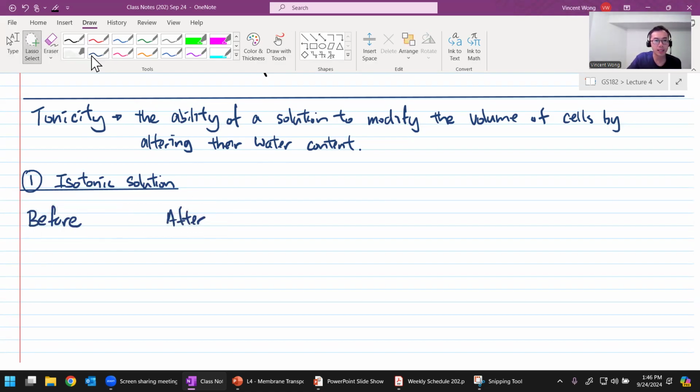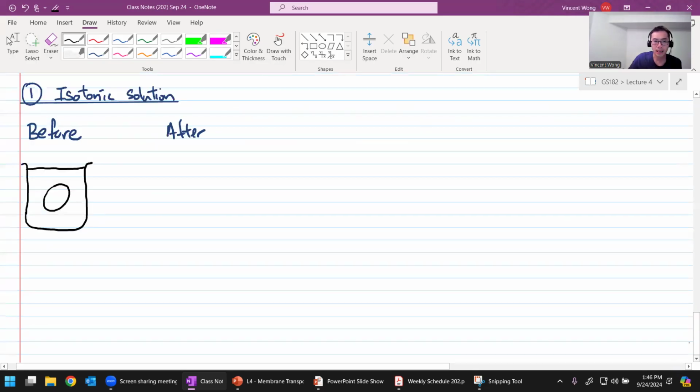Before and after, and we're going to look at two situations. This is a beaker, and I'm going to put an animal cell right there. And we will also look at what happens if we put a plant cell there. And remember, plant cells are more rectangular in shape. We're not going to draw the nucleus, just the cell.